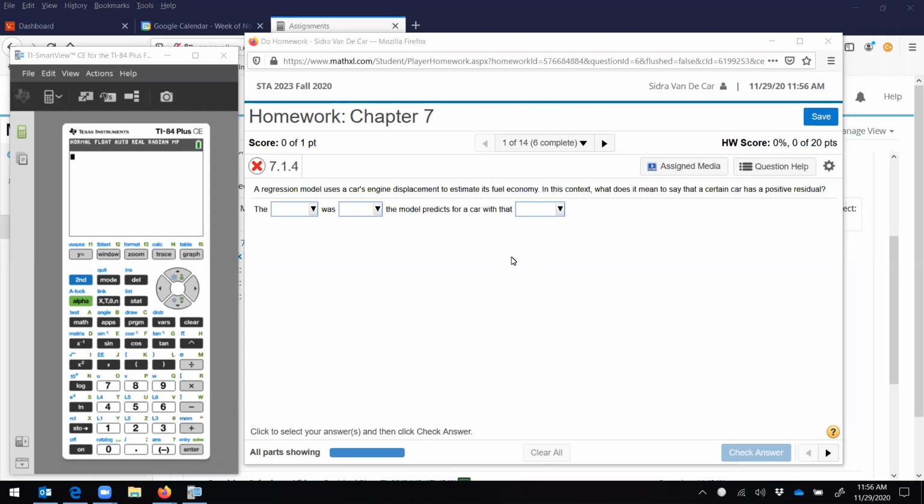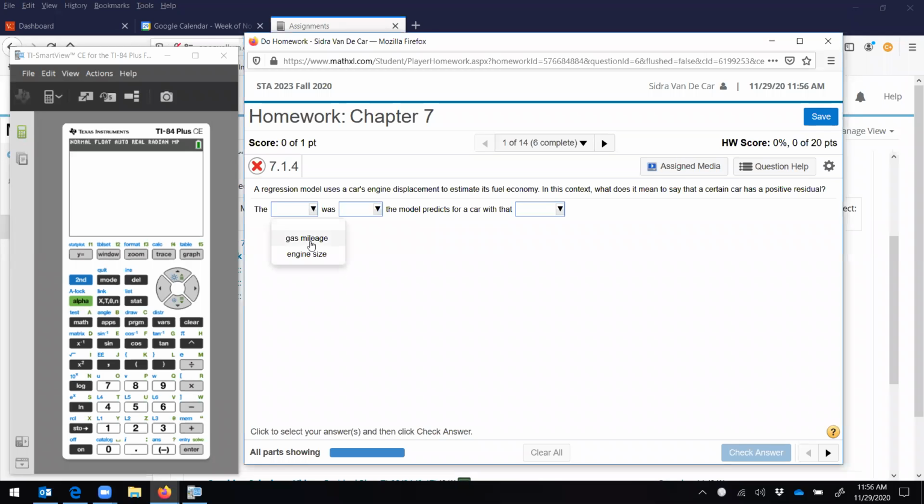All right, let's look at the Chapter 7 homework. A regression model uses a car's engine displacement to estimate its fuel economy. In this context, what does it mean to say that a certain car has a positive residual? Remember that the residual is the difference between the predicted observation and the actual observation.